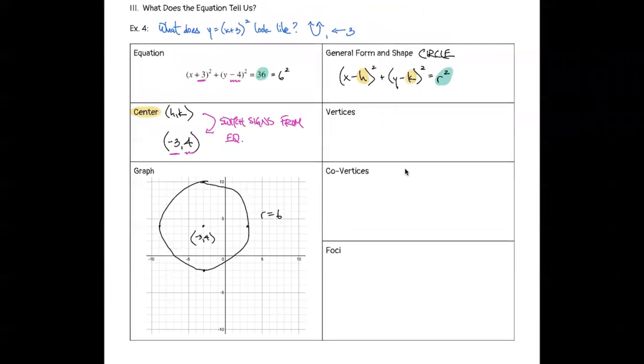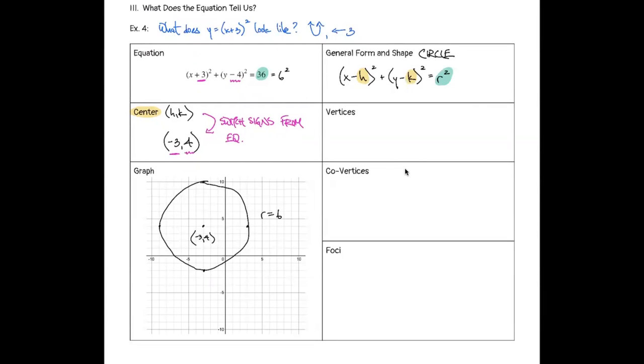So you might be asking yourself, well, how did she know that that was going to be a circle? And it turns out anytime you see an equation of this form, x minus a number squared plus y minus a number squared equals r squared, you're going to end up with a circle.